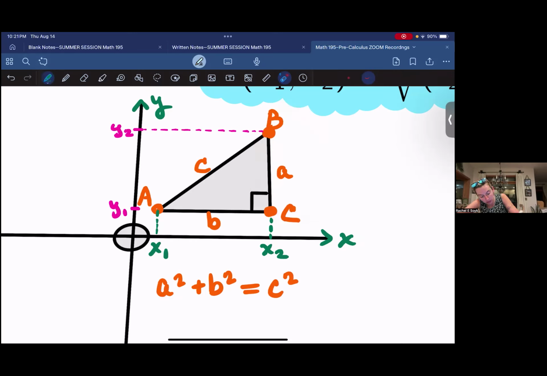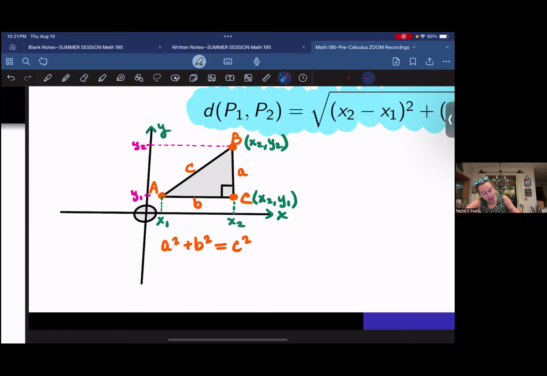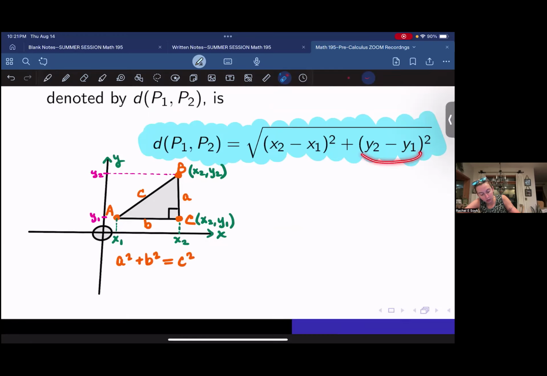Let's look at point B in terms of x2, comma, y2, because that's our B coordinate. Our point C is x2, comma, y1. And because this is a right triangle, our x2s are exactly the same. So when we're looking at the distance of this, we just need to find the difference between y2 and y1. Hence, y2 minus y1 in parentheses squared.